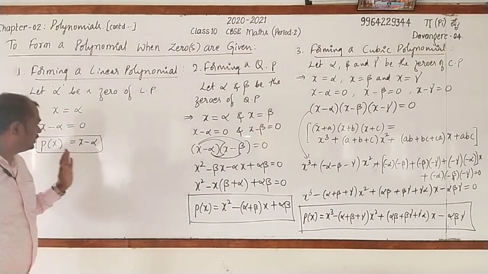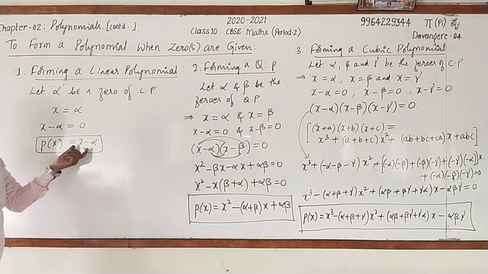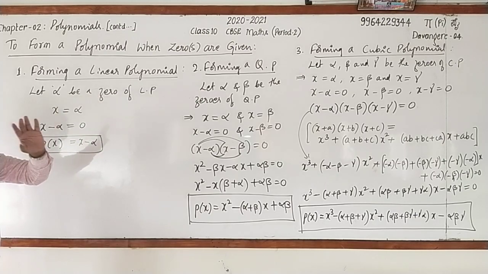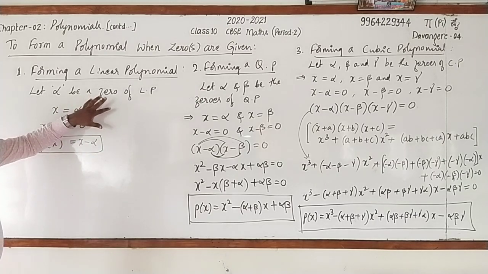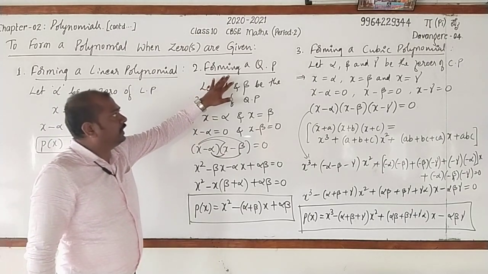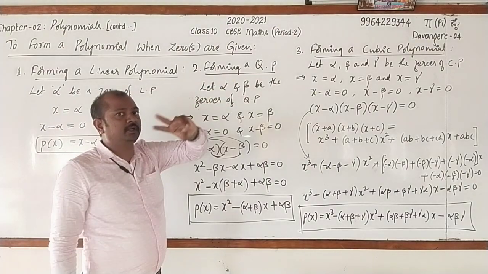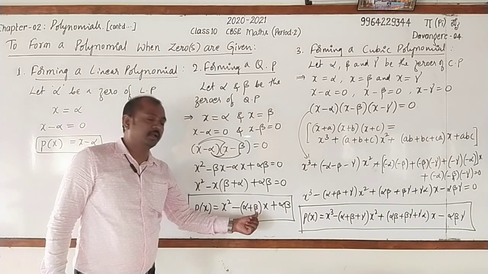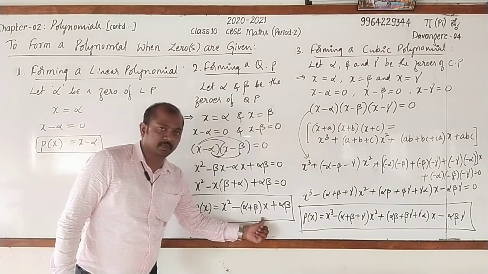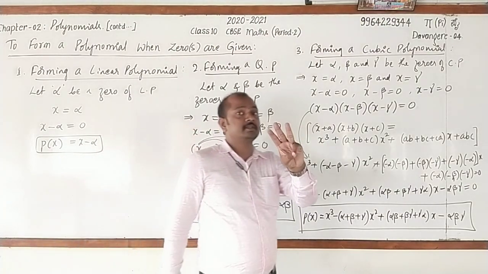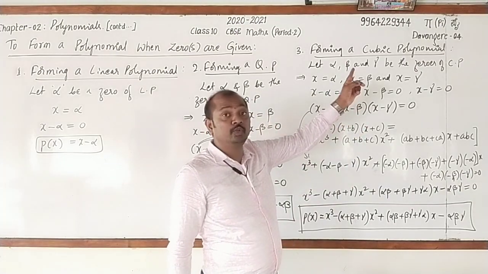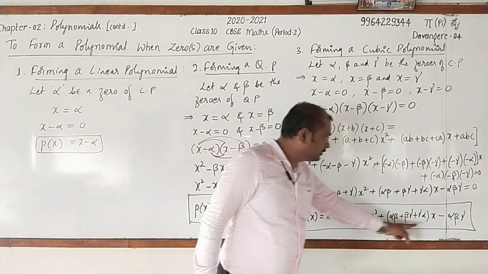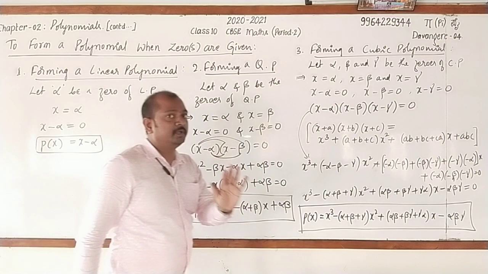Observe. Here, this is the linear polynomial when one zero is given. And quadratic polynomial, it has 2 zeros. When 2 zeros are given, you can go for forming the polynomial by using this statement. Then when 3 zeros are given, you can form a cubic polynomial by using this statement. Clear? Please do remember.